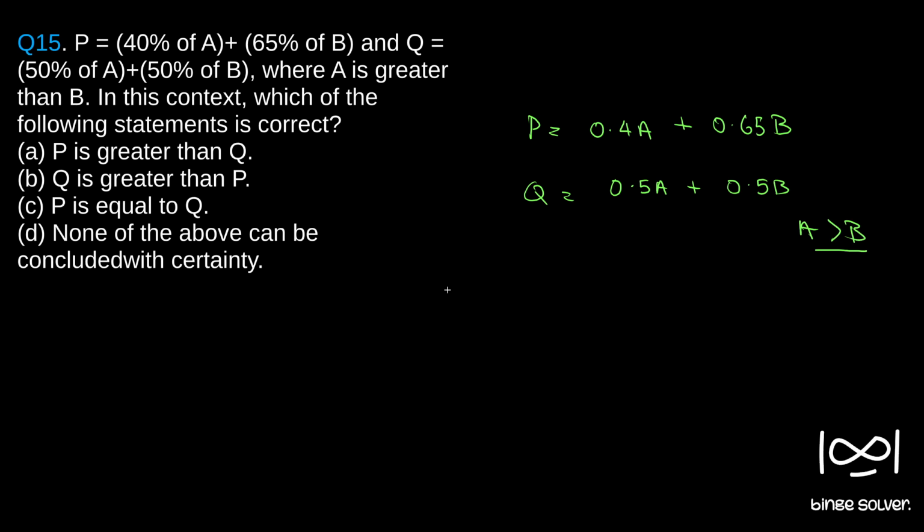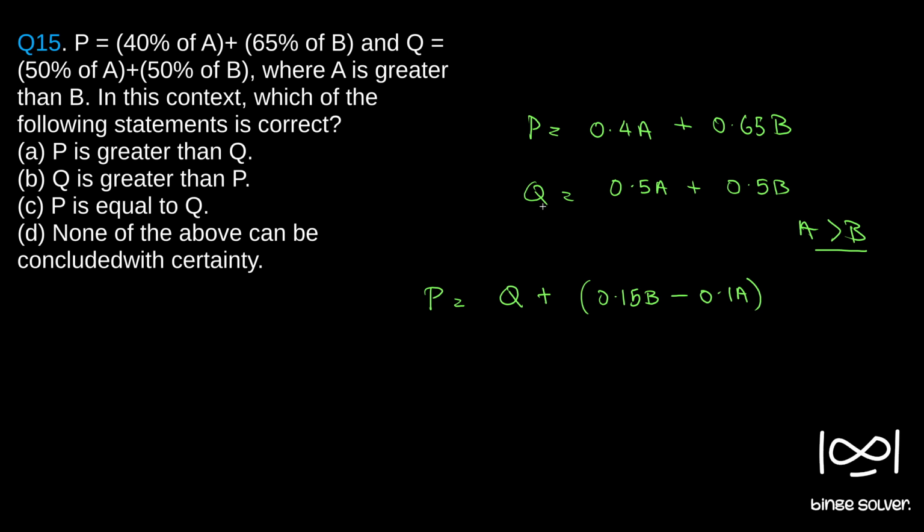So P can be written as P equals Q plus, there is 0.4A, so there is an additional 0.1A here. And for B there is 0.65B, there is only 0.5B. So Q plus 0.15B and 0.1A, right?